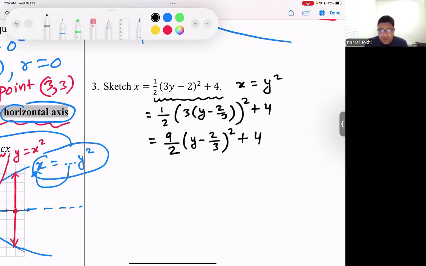Now you can think in terms of shifting first. So this equation, I would say the steps. The first step we did was y minus 2 over 3.